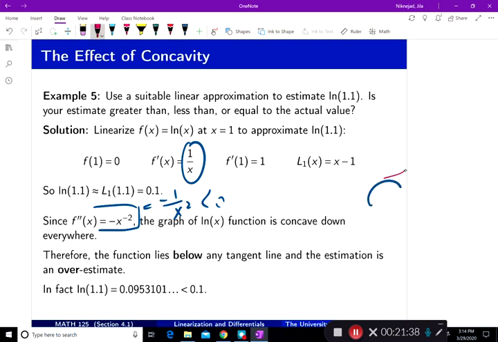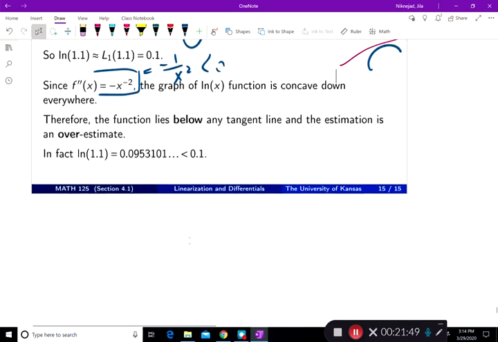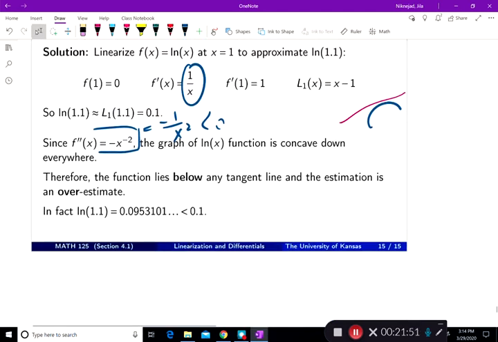Concave down means that the values on the tangent line are an overestimate for the value that we have. And so that tells me about the overestimation. In fact, the actual value of the natural log of 1.1 is given here, and it's slightly less than what we found.